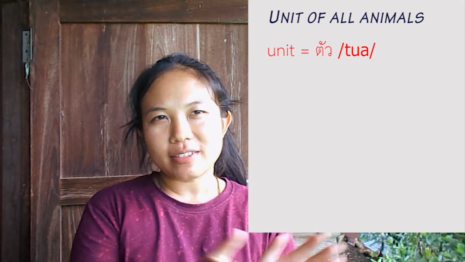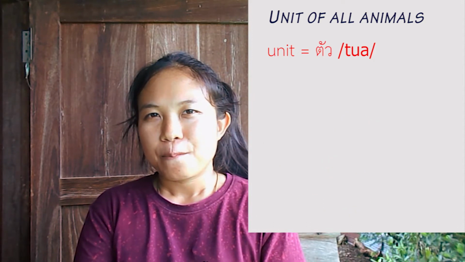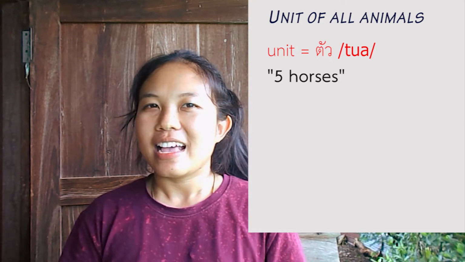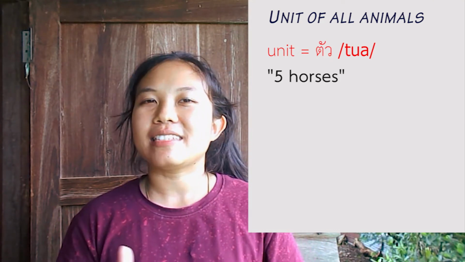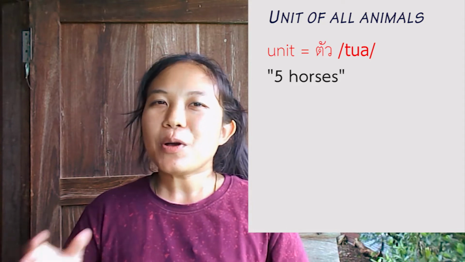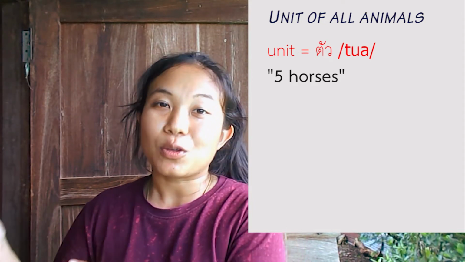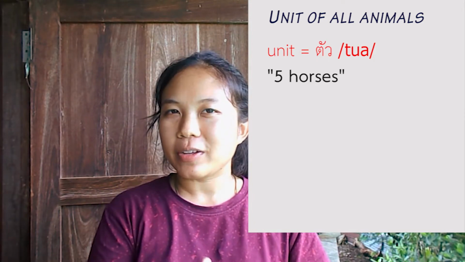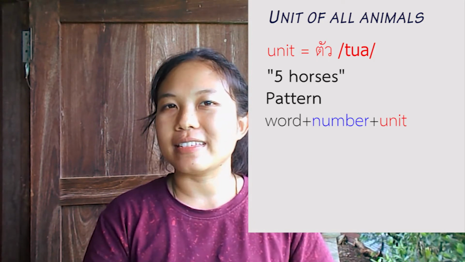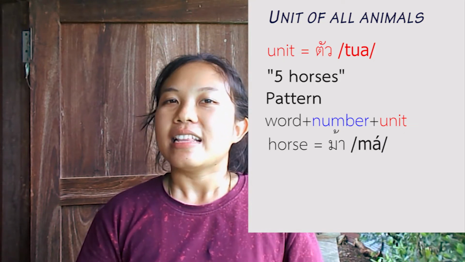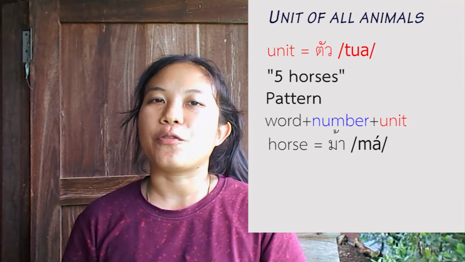And if you want to say 5 horses. Horse is an animal. Animal, we have the unit of animal is ตัว. So you put the word horse in Thai, it is ม้า. And then the next position is the number of the horse.